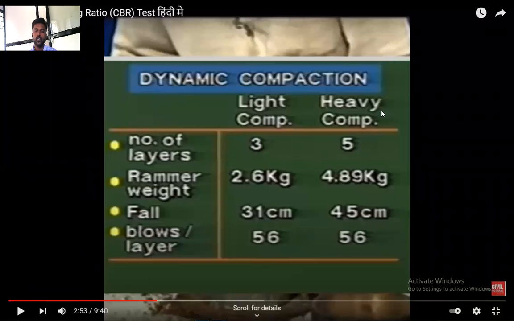In the first column, write down number of layers, rammer weight, fall, and blows. Number of blows per layer. Second column, light compaction, and the third column is for heavy compaction. Okay, this is a very important chart. Everyone, please write down this chart.